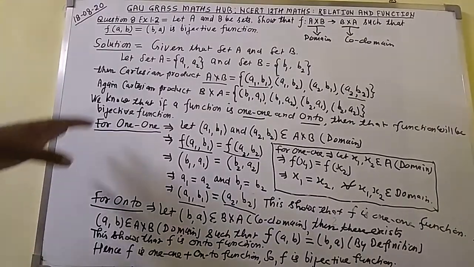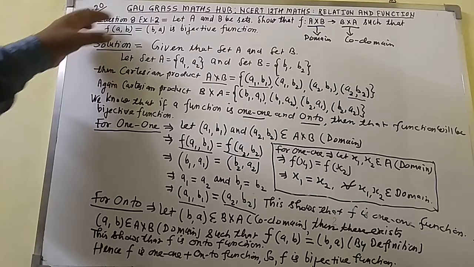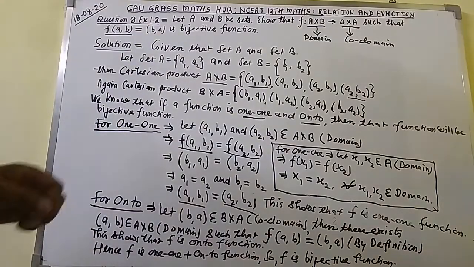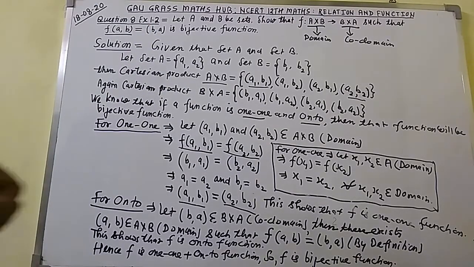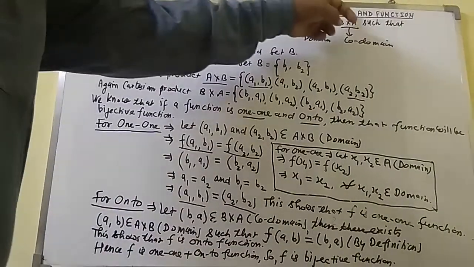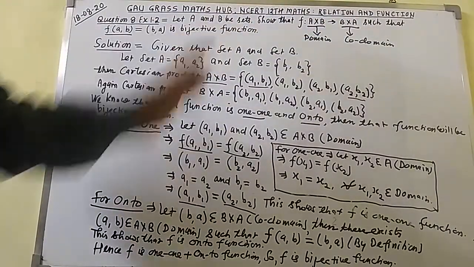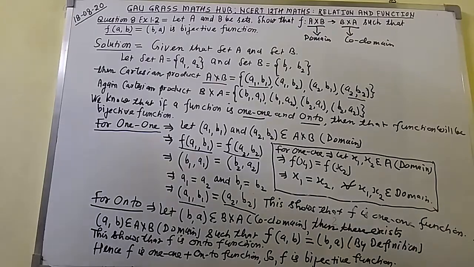This is the proper solution of question number 8, exercise 1.2 that has been taken from chapter 1, Relation and Function of NCERT 12th math. This is the proper lecture.